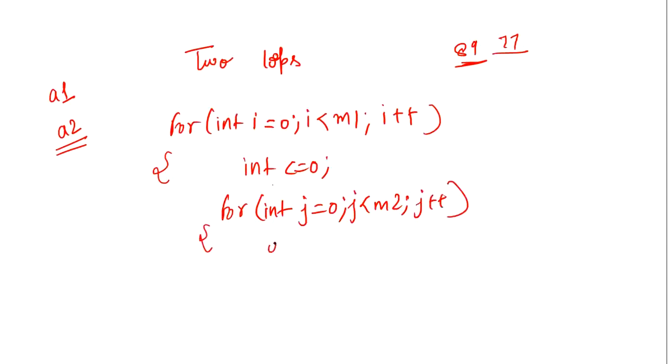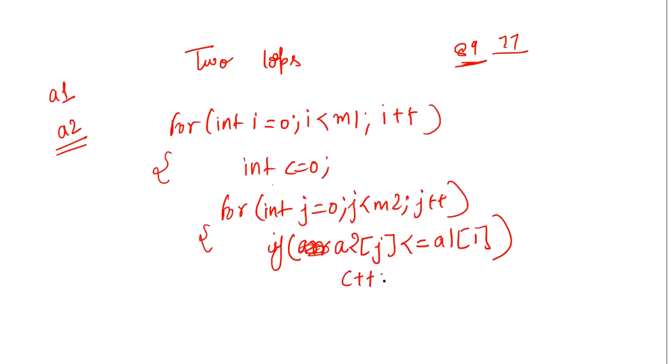Here we have to check when to increment the value of count: if a2 of j is less than or equal to a1 of i, in that case we have to increment the value of c.